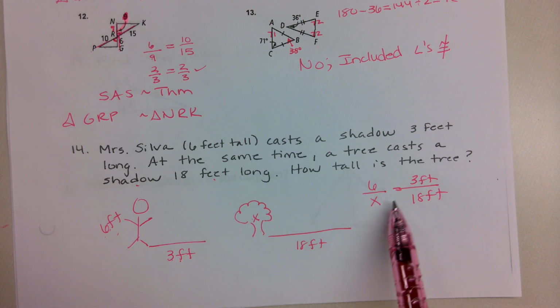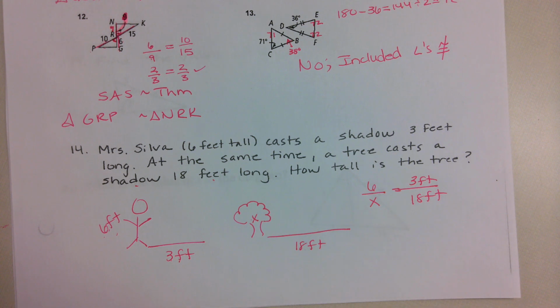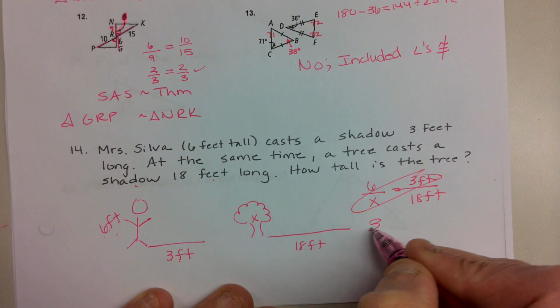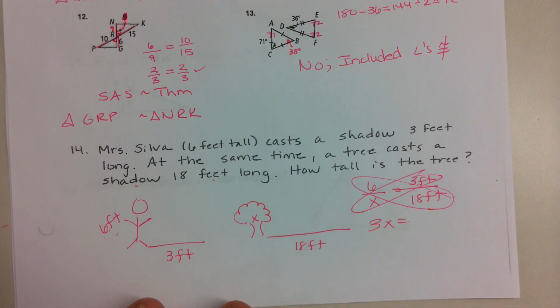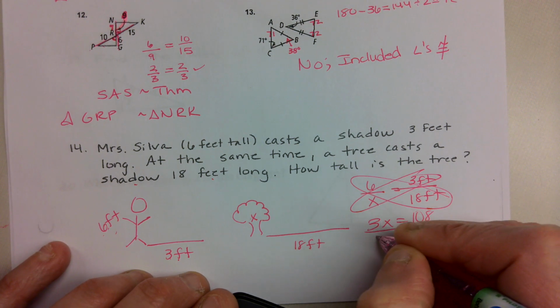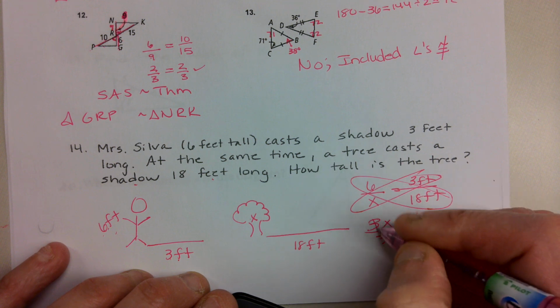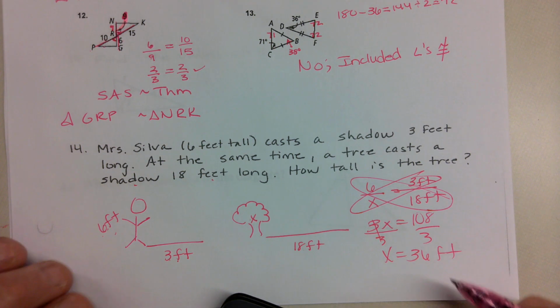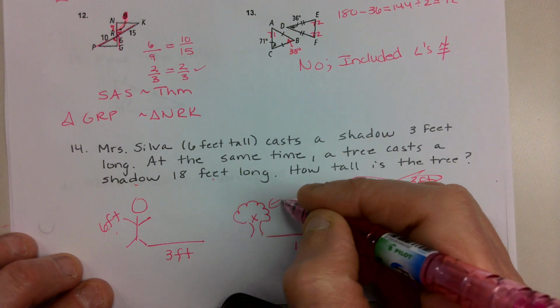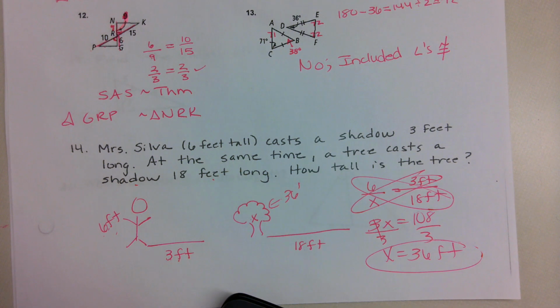Even if it's this way, it doesn't matter as long as they're across from each other. The x and 3 should be kitty corner. So 3x, because then you'll get the exact same thing I get. I don't know what 6 times 18 is. The tree is 36 feet tall.